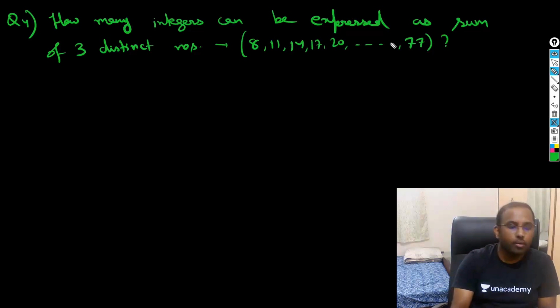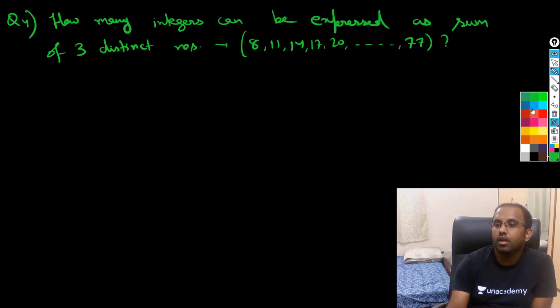So how many numbers can be expressed in this form, as a sum of three distinct numbers from this set?